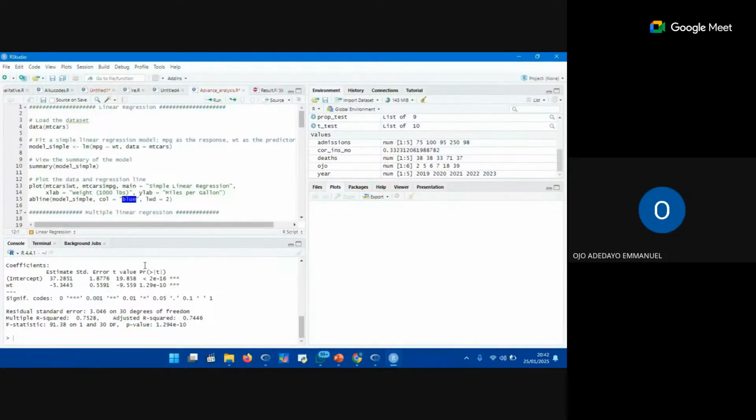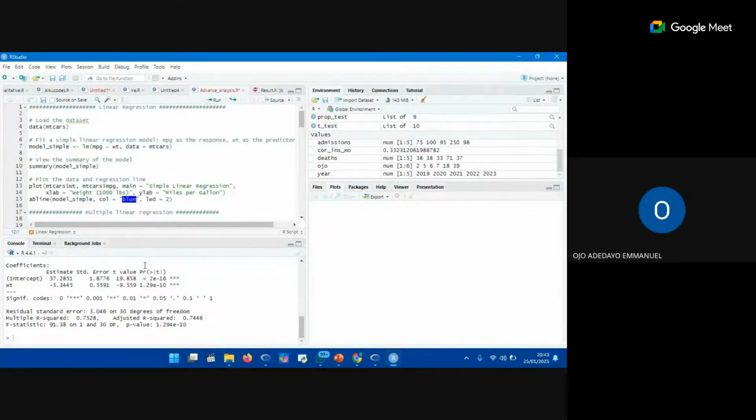Let me take it again, the interpretation. The interpretation simply means that a unit increase in weight of that car will lead to minus 5.344 of mpg, provided that all other variables remain constant. Another interpretation is this: a unit increase in the weight will lead to 5.344 decrease.